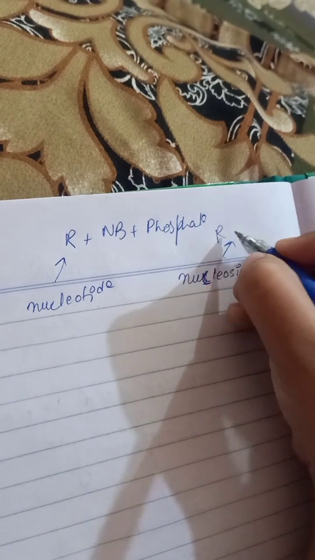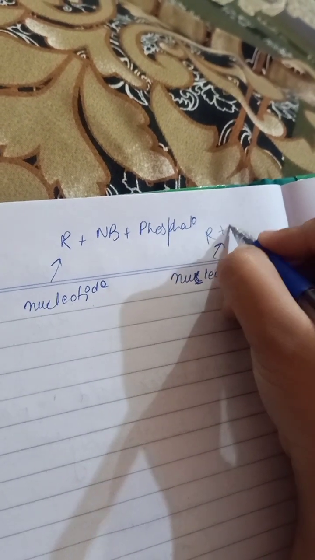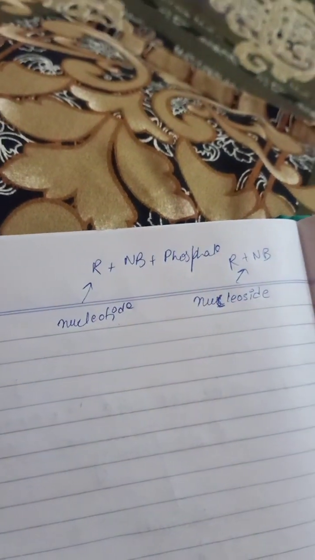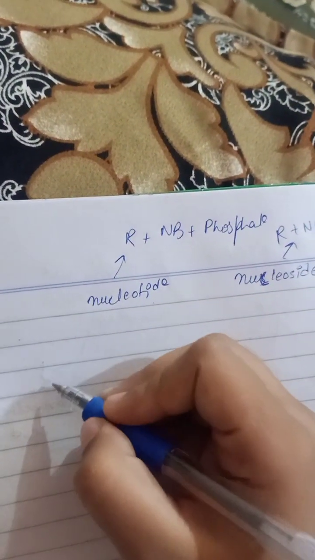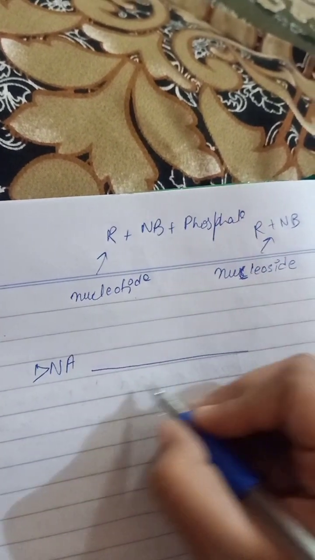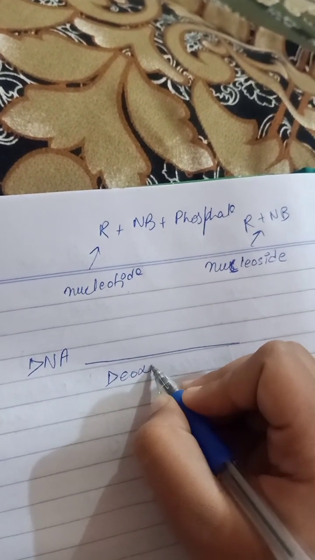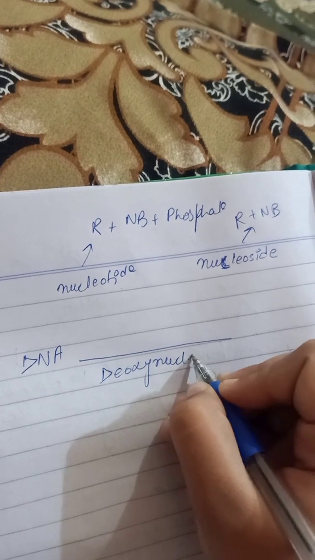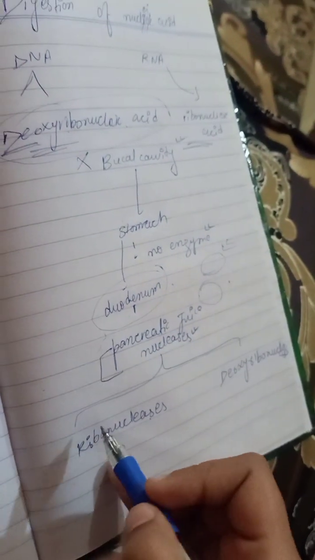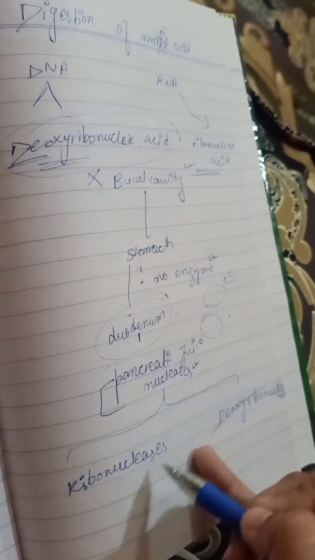In a nucleoside, the ribose sugar is present as well as the nitrogenous base, but the phosphate group is absent. For example, on DNA the enzyme that works is deoxyribonucleases. Here the ribonucleases will work.